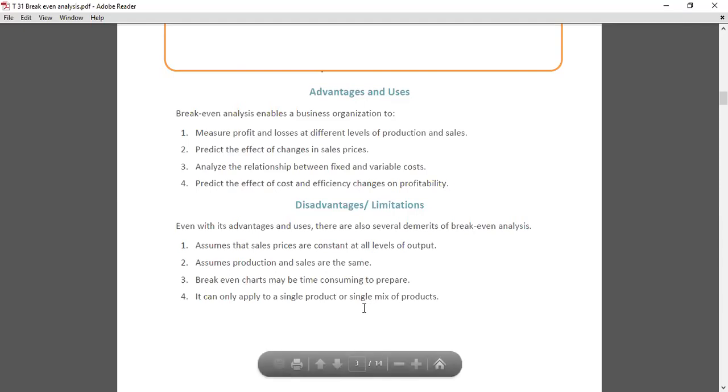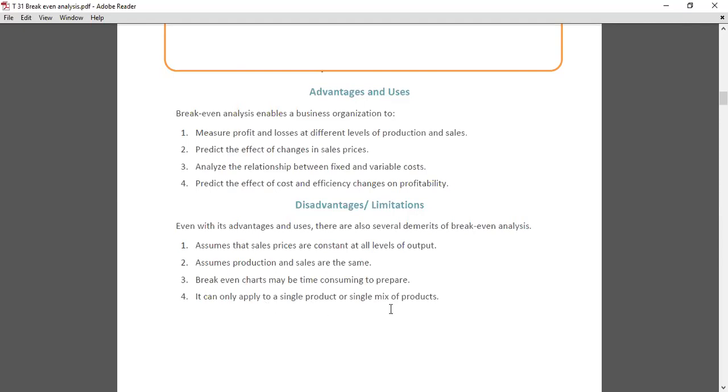But in break-even, we are assuming that the business is selling only one type of item at one selling price. For example, a bakery selling only breads, no buns, no hot dogs, no pastries, no Chinese rolls. That is an unrealistic assumption, because break-even can only apply to a single product or single mix of production.